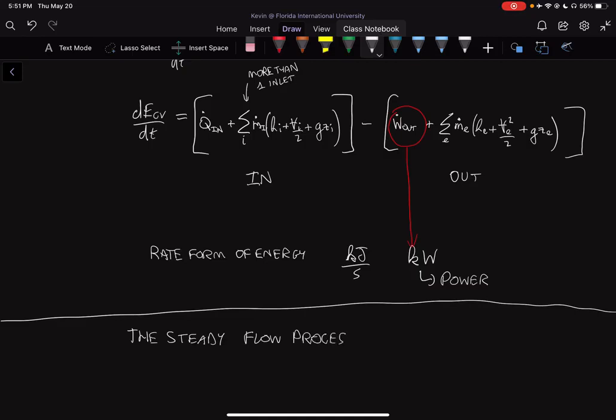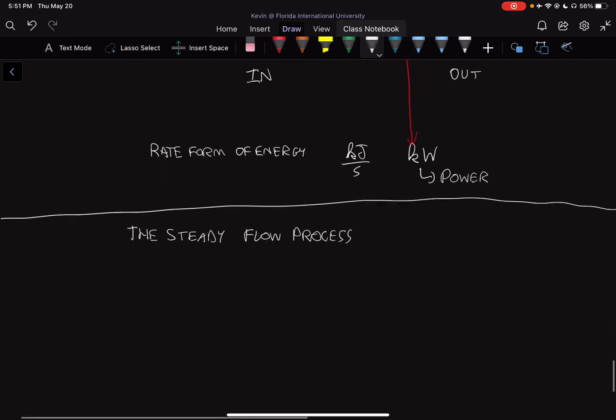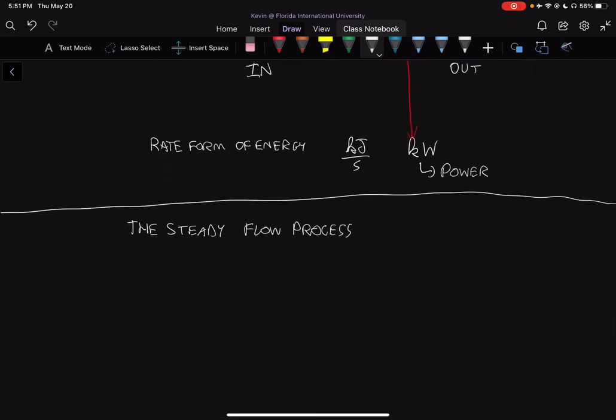And the particularity of our steady flow process is it's used in many systems that we have in thermodynamics. So it's used in turbines, it's used in compressors, it's used in pumps and heat exchangers as well.